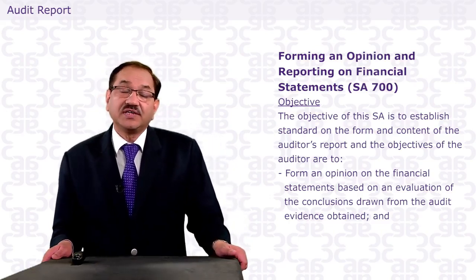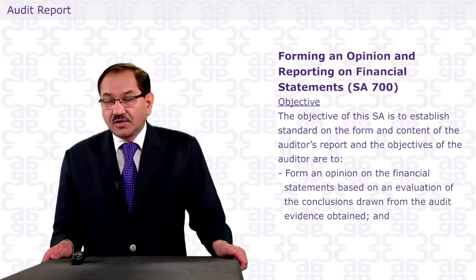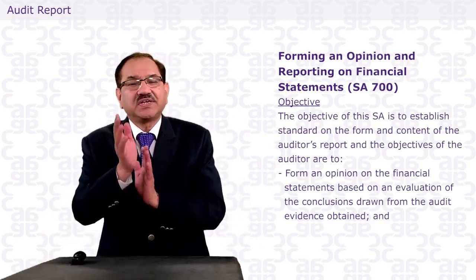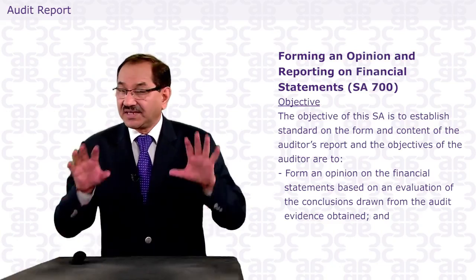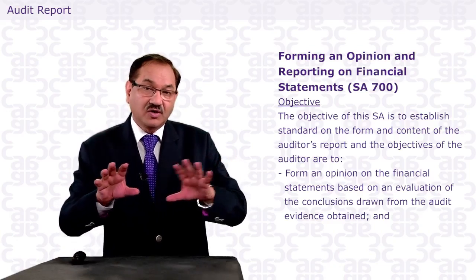Form an opinion on the financial statements based on the evaluation of the conclusions drawn from the audit evidence obtained. Just like when we discussed SA 200, the overall objective of the audit is to express an opinion on the financial statements, whether they are true and fair or not.